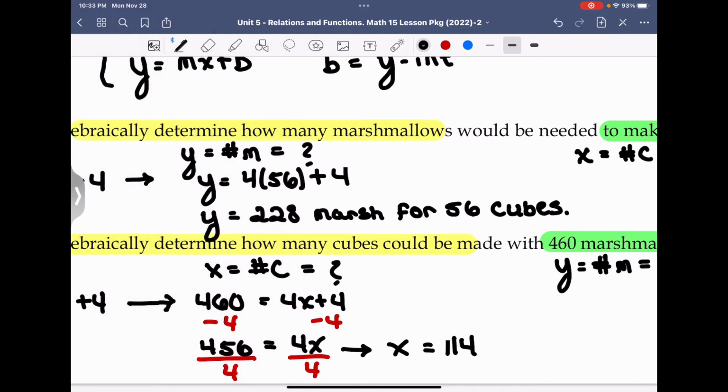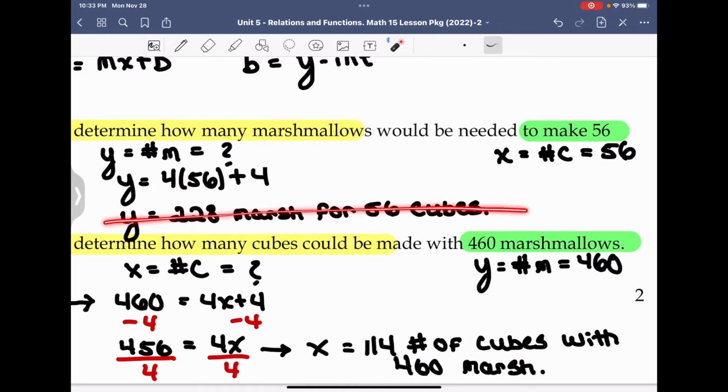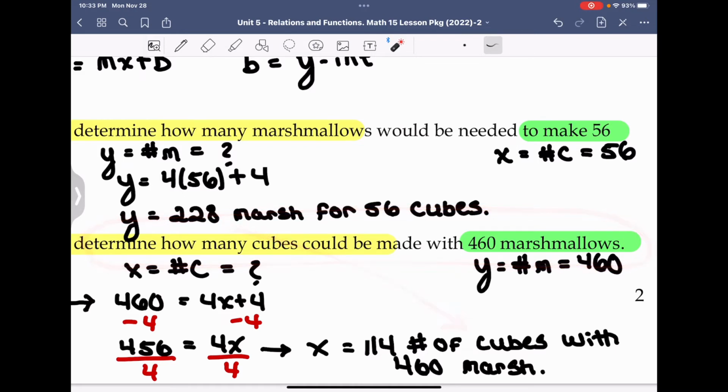Now, according to the context of the problem, what are they saying? This is the number of cubes with 460 marshmallows. So we can, again, directly steal the context of the problem here and place it in our answer as a way to make a final answer and develop it through the context.